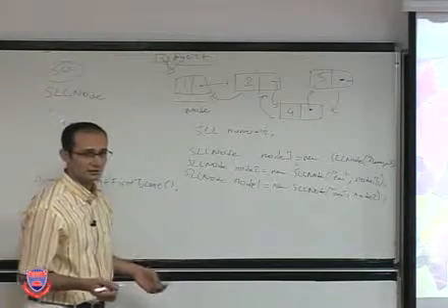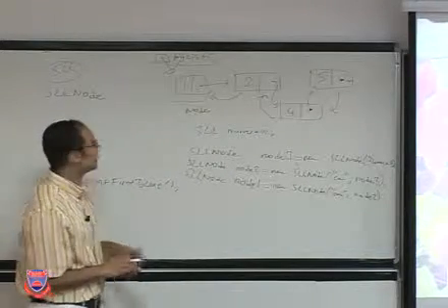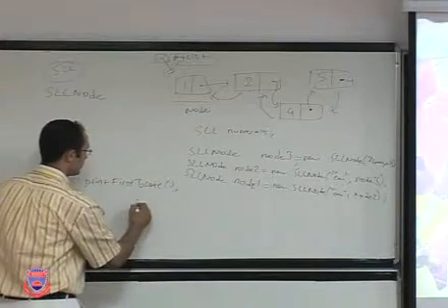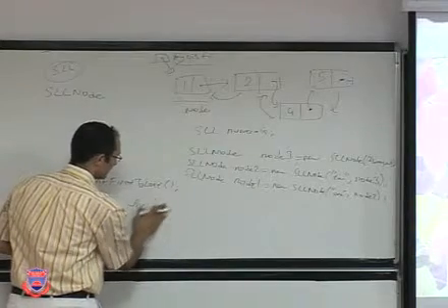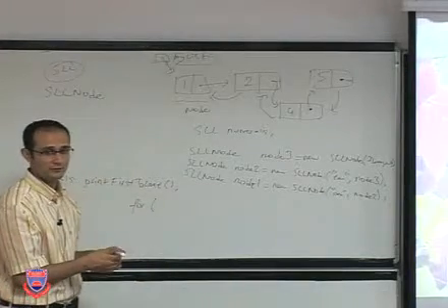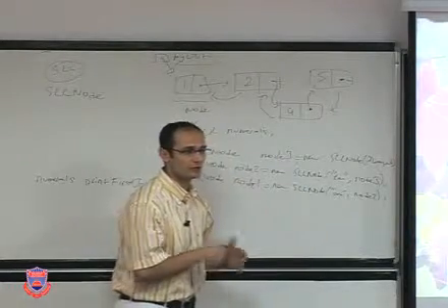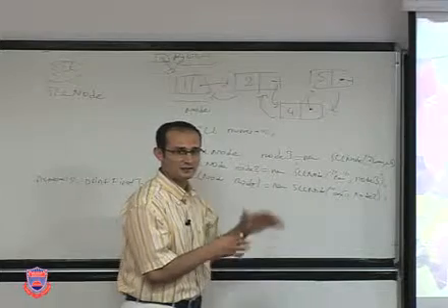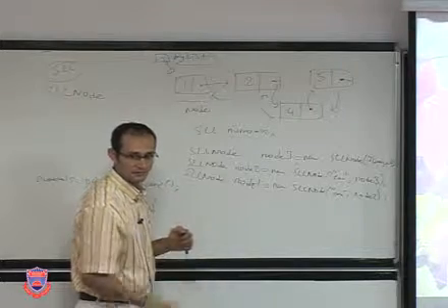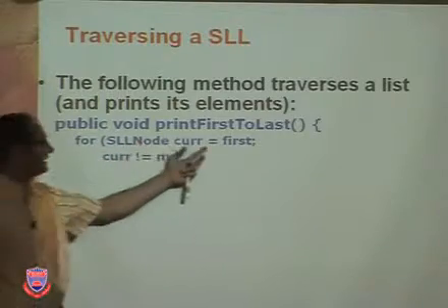So what is the starting point here? You basically start with the header, which is the starting point, and then you will say for, right? How am I going to write the for? Or while, you can use while. While the next element of the last thing is not equal to null, continue, right? And then in the internal implementation, you'll just get the object's string value and print it. So if you look into the implementation, for SLL node current equals first.